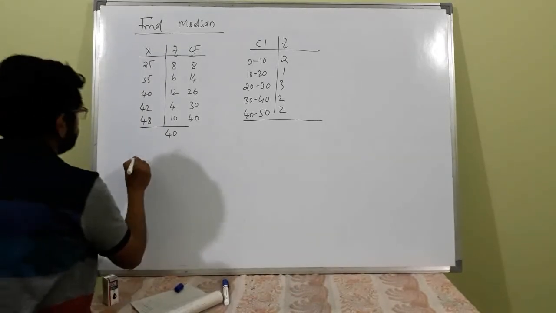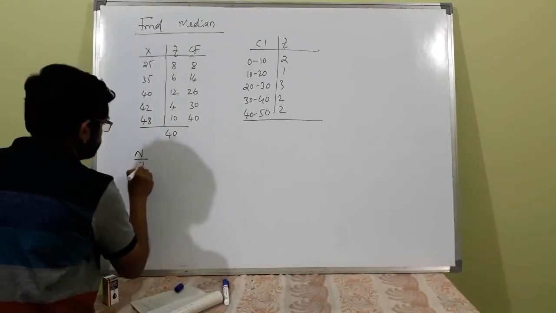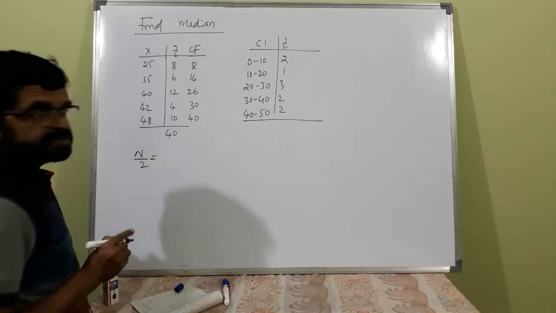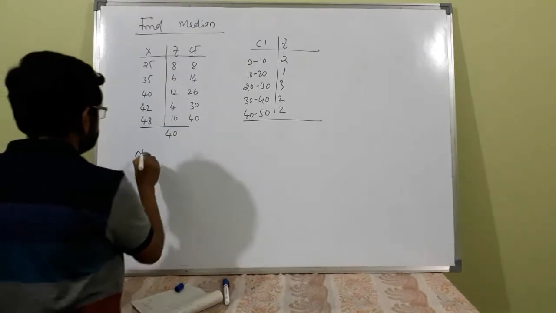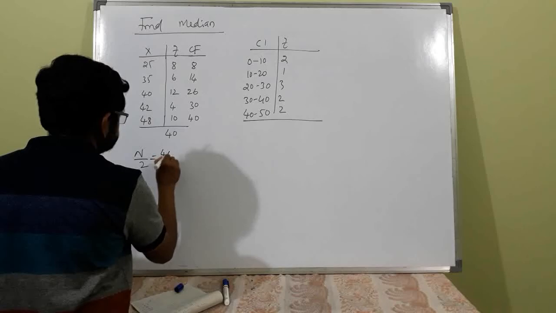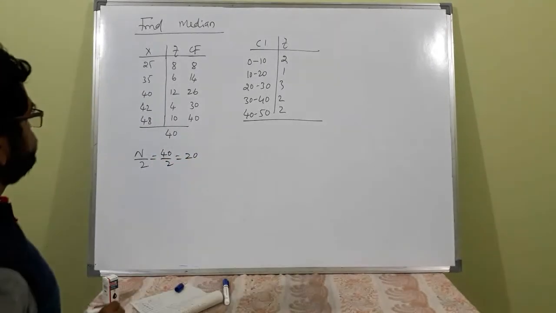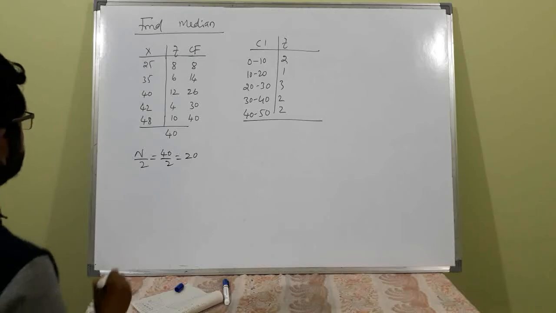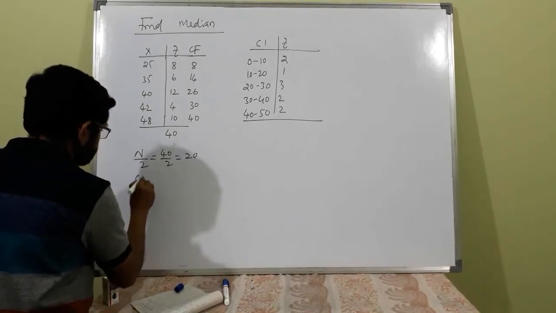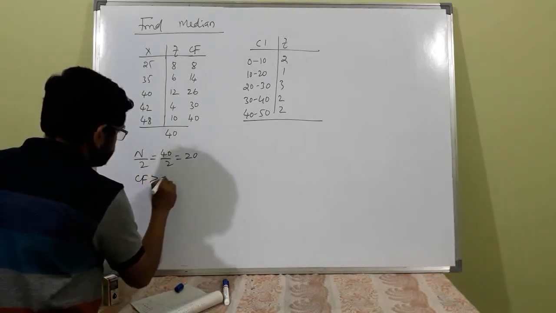Now you have to find n by 2 because median is the middle value. So 40 by 2 is 20 only. Now you have to find the cumulative frequency greater than or equal to 20.